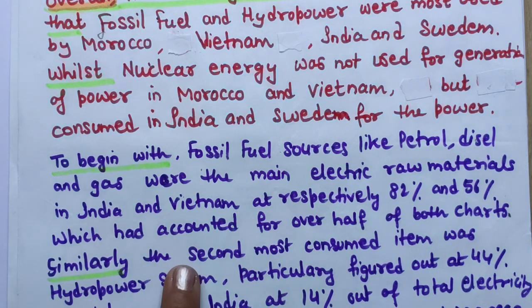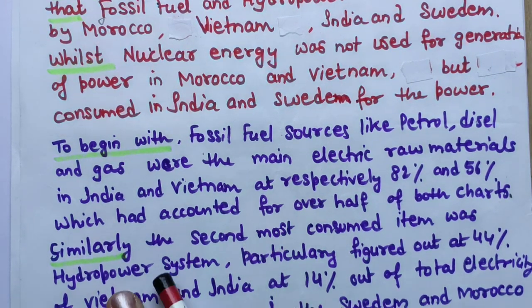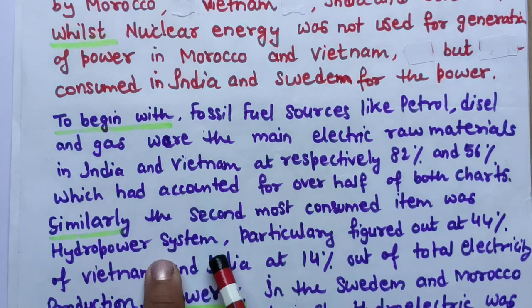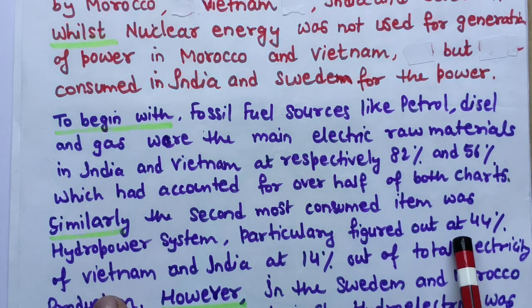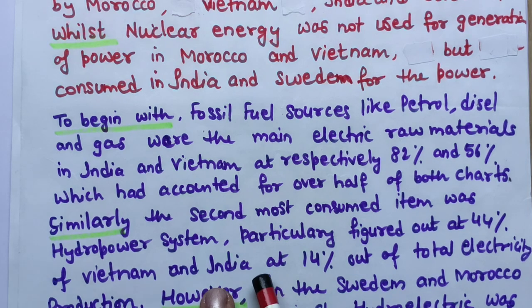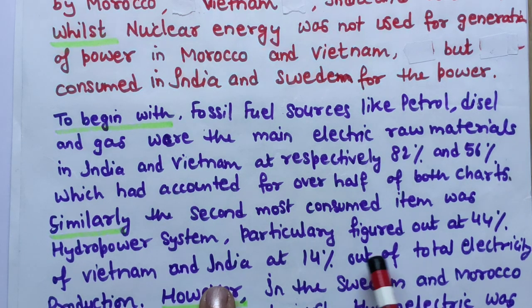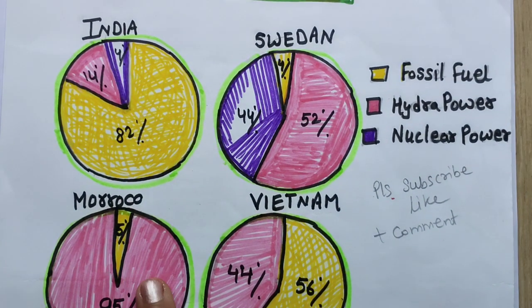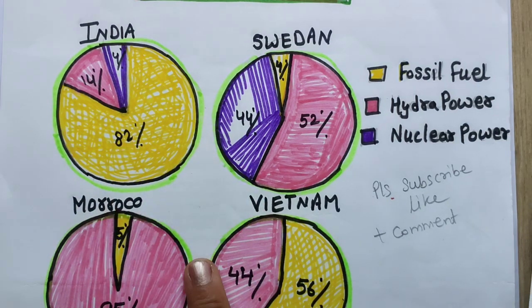Now coming to the second most consumed item. Similarly, the second most consumed item was the hydropower system, particularly figured at 44% in Vietnam and 14% in India out of total electricity. Hydropower we are talking about. So hydropower was highest. All 4 countries were using this hydropower.